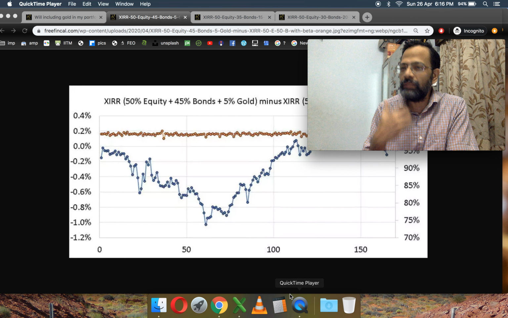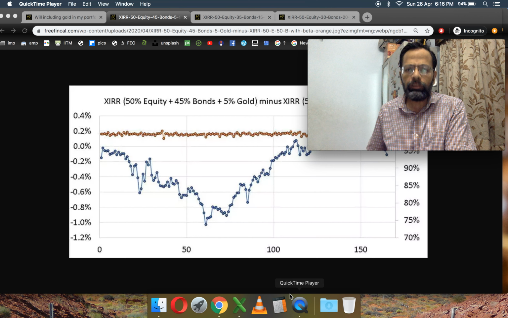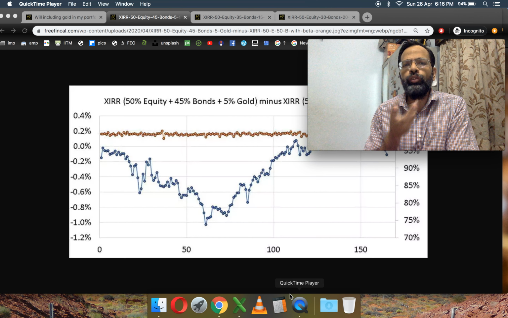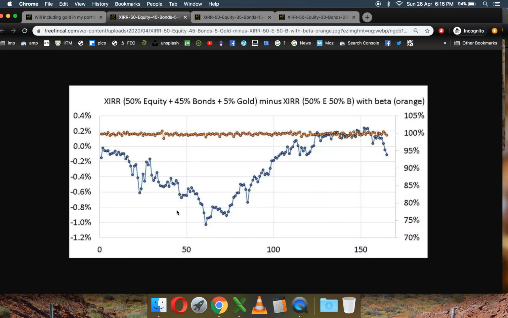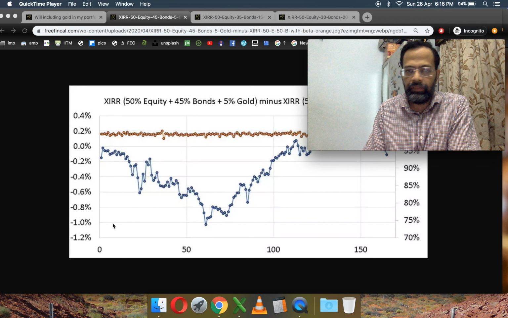It's not much of a difference by including 5% gold. So don't add 5% gold, it's not going to be of any use. And you can see a little bit the beta has come down. It's like 95, 98 kind of beta, 2%, 3% decrease in volatility.